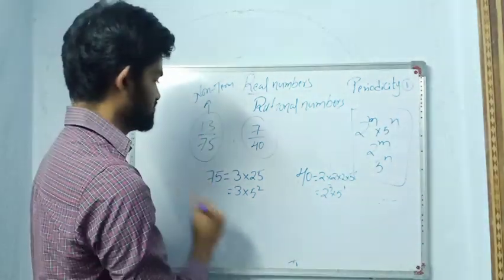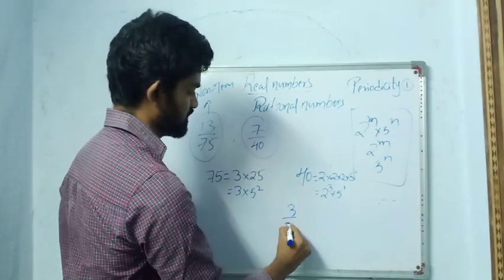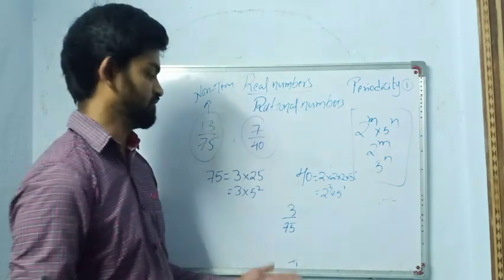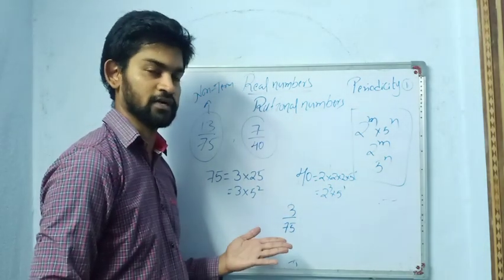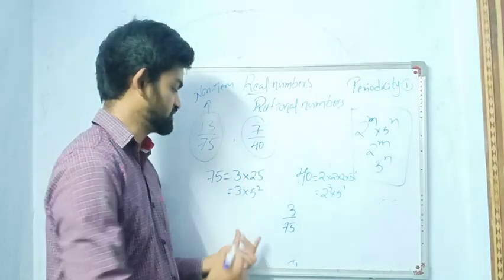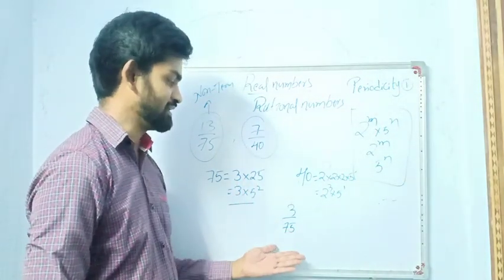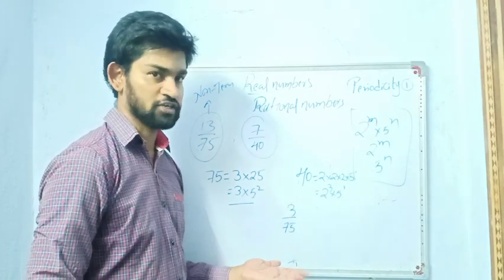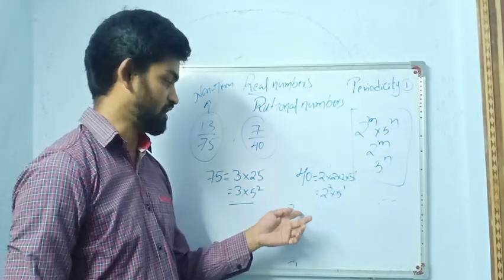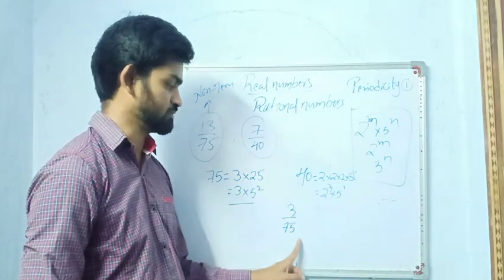Now see here, instead of 13 by 75, if you have 3 by 75, is it terminating or non-terminating? We would blindly factorize 75 as 3 into 5 square and write non-terminating. No, there is a common factor here; this is not in standard form. Both 3 and 75 come in the 3 table.